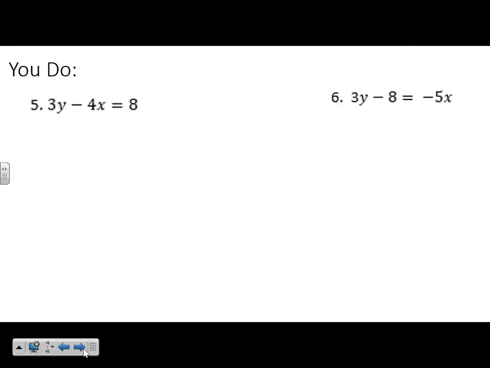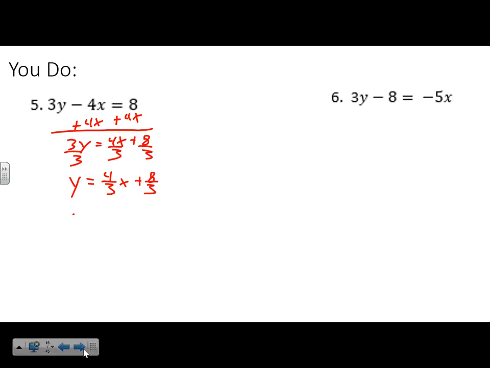So doing these on your own, again, it's very similar to what we just got done doing. 3y is equal to 4x plus 8. Divide everything by 3. We end up getting a fraction for our y-intercept. That's okay. I mean, if we were going to graph this, it would be a pain, but we're not graphing it. So that is our slope. So the slope of a parallel line is the exact same.